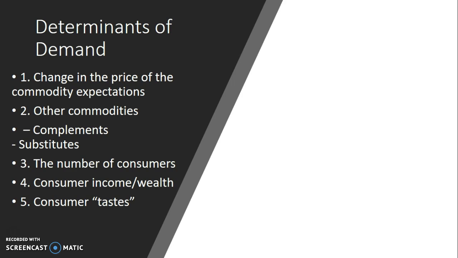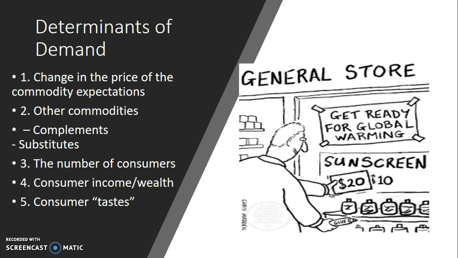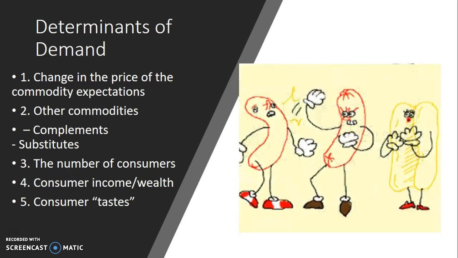These determinants are: 1. Change in the price of commodity expectations. 2. Other commodities such as complements, which are products that can work together, for example, hot dog bread and hot dog sausages. And then there are substitutes, which are products that could be used as a replacement as they are close to the original product.